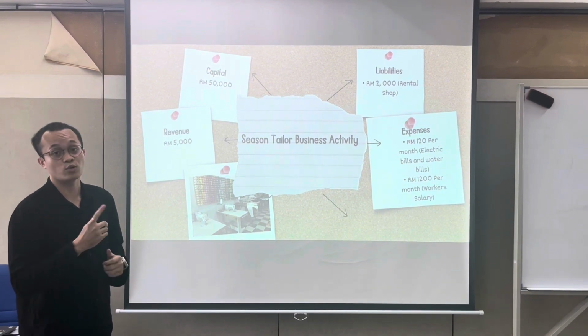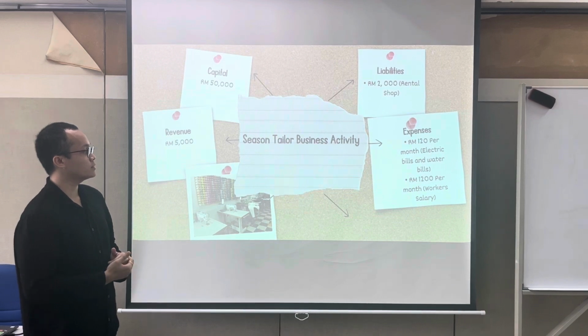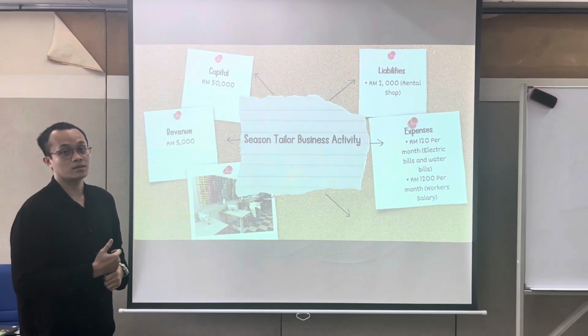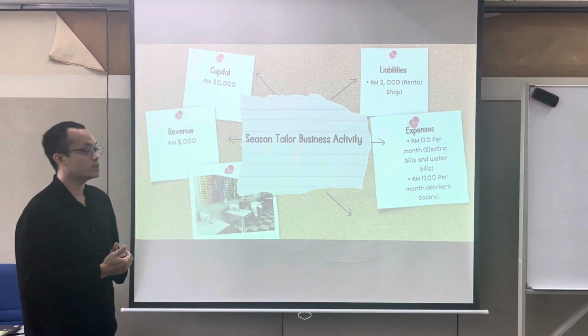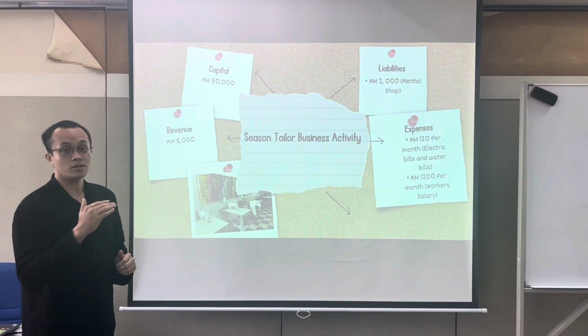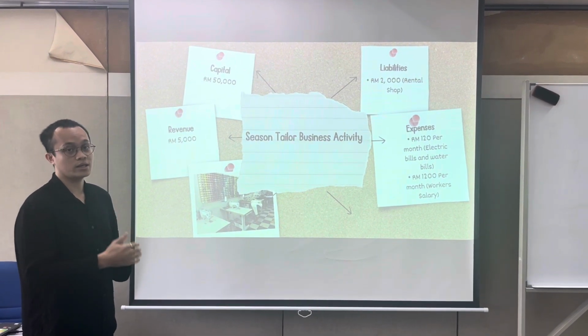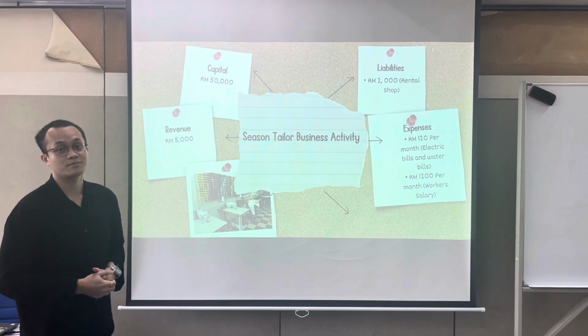And they have one worker, and they usually pay 1,200 per month. The owner said to me it was usually 1,500, but the owner works and he decreased it to 1,200.